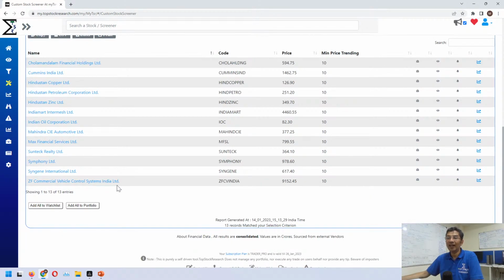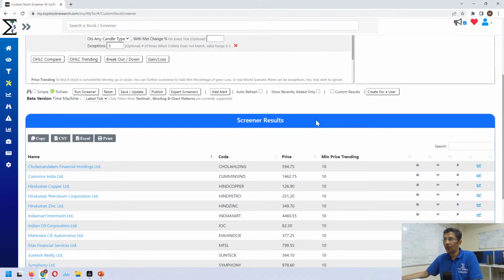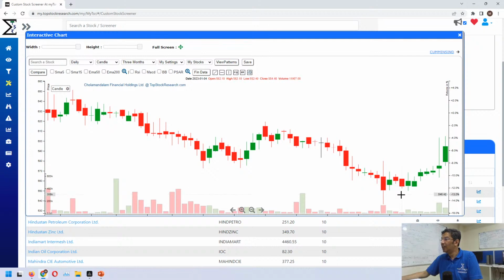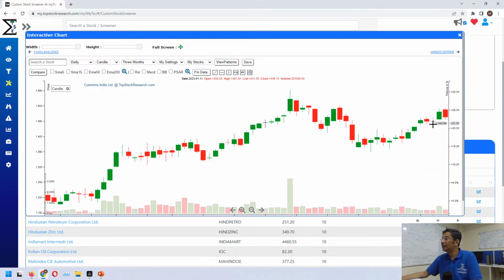So you get these many candles where 7 out of the last 10 candles went up, right? So there were certain exceptions out here, like 1 or 2 exceptions, but this is how you'll typically get it. So you'll get a clear idea that out of 10, if 7 or 8 or 5, depending on what you are looking at, are going up, that means the overall trend is there, but it's not exceptionally strong.